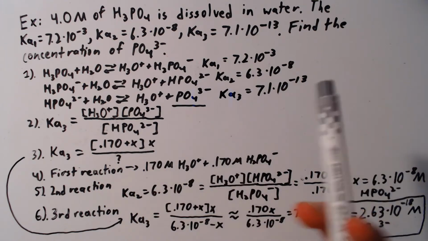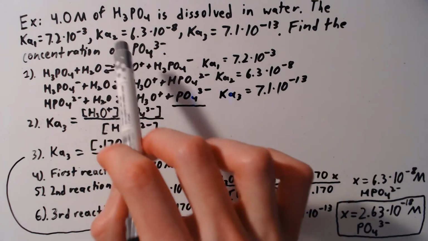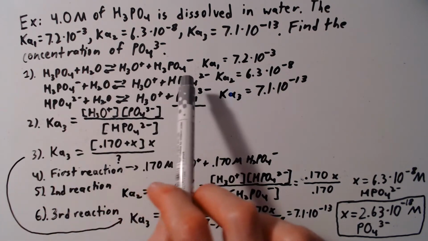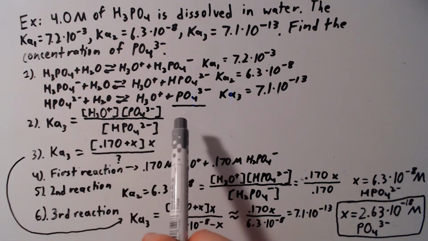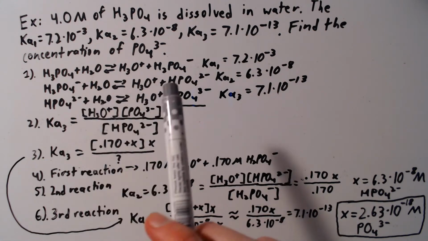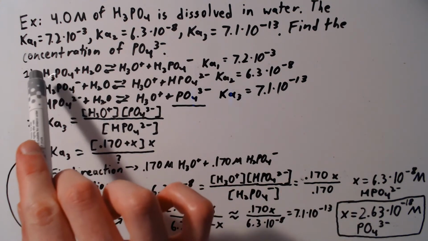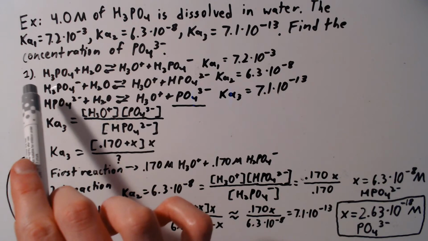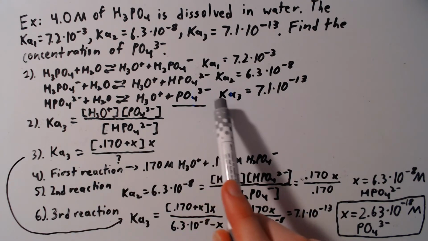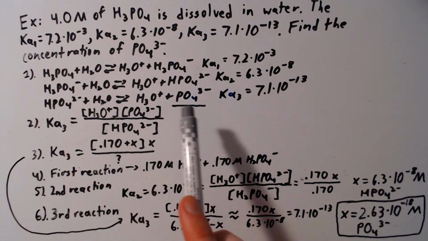So again, we have to understand what is happening when the H3PO4 is dissolved in the water. We have our reactions for the polyprotic acid. In this case, unlike in the previous problem, we unfortunately cannot ignore the second and third reactions, because the PO4 3- concentration is yielded only by the third reaction.